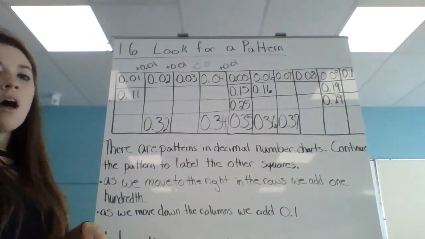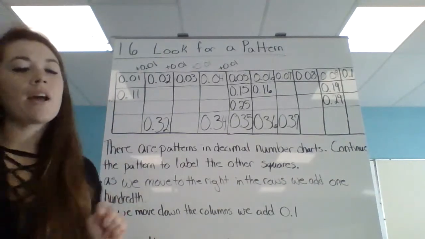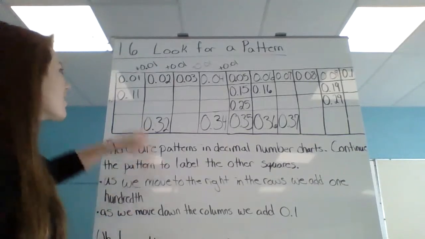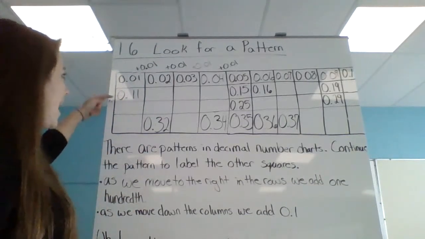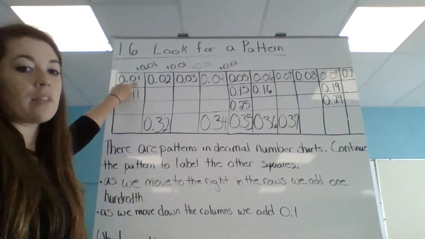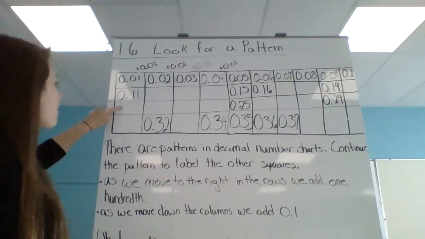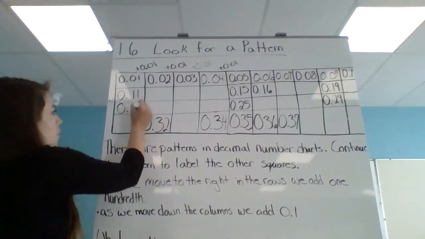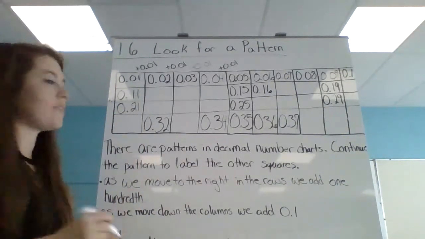Alright, so the first one, hopefully you guys paused and wrote these out for yourselves. So this first one here, as we move down in the column, instead of being at 1/100th, we're now at 1100ths. So going down another one, we're going to be at 2100ths because we're adding a 10th each time.